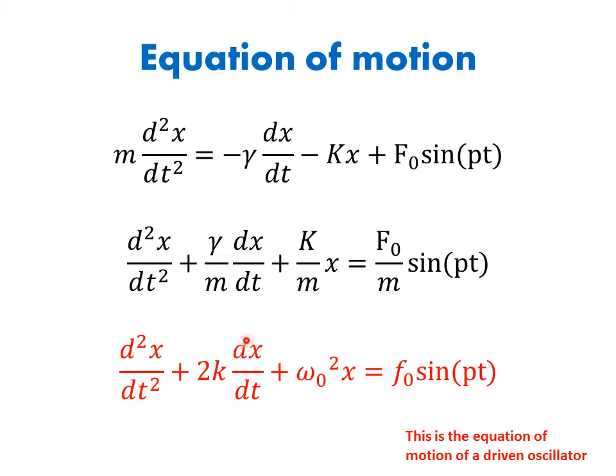From the previous sections, we know that gamma by m can be written as 2k, where k is the damping constant, and capital K by m is omega 0 square, where omega 0 is the natural frequency, and we put F0 by m as small f0. So we can express the equation conveniently like this. This represents the equation of motion of a driven harmonic oscillator, or forced harmonic oscillator.